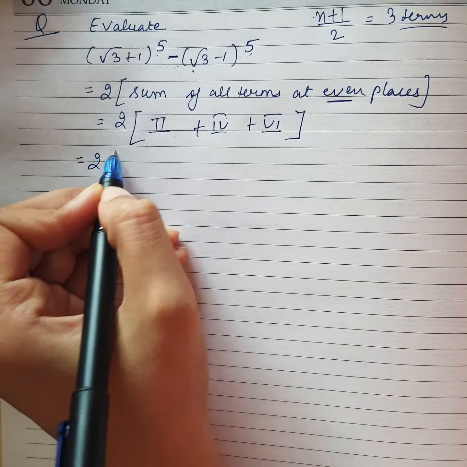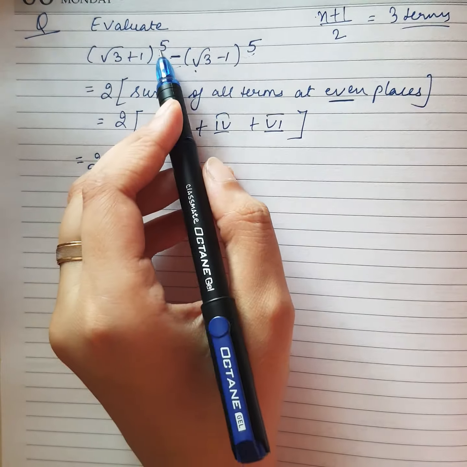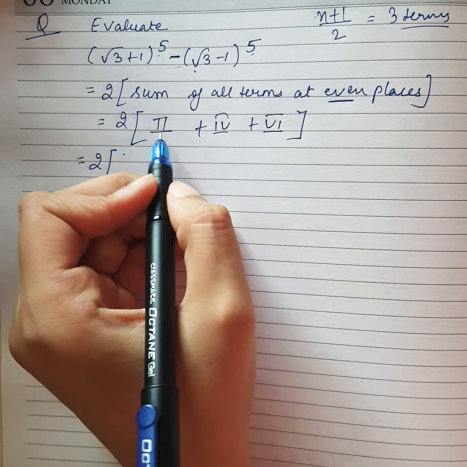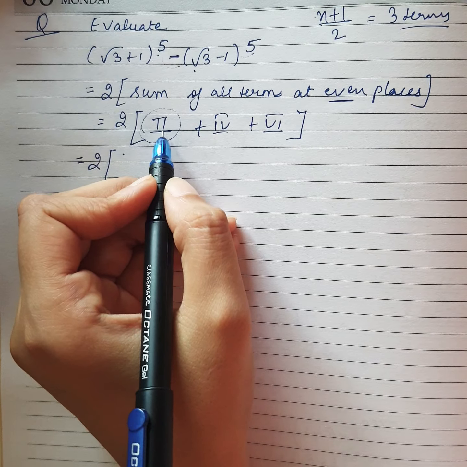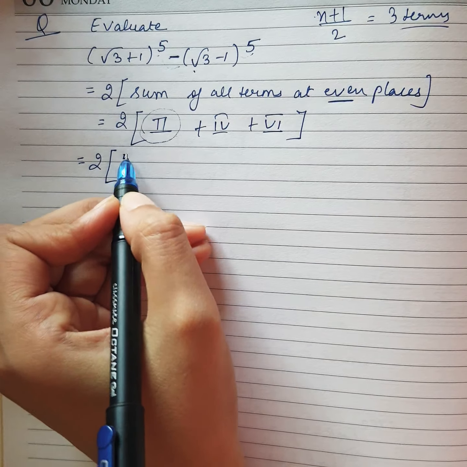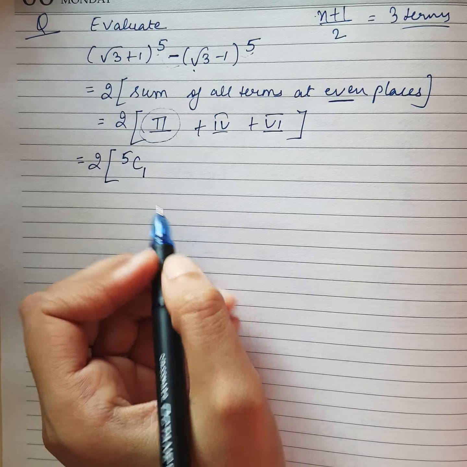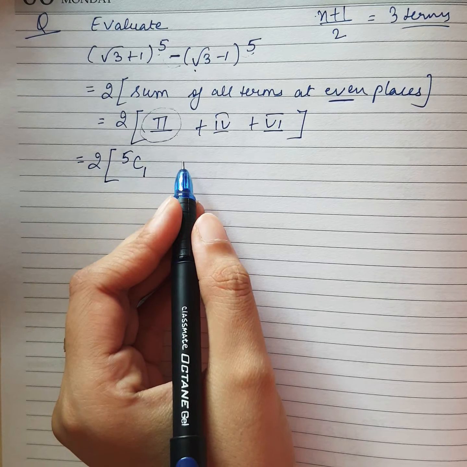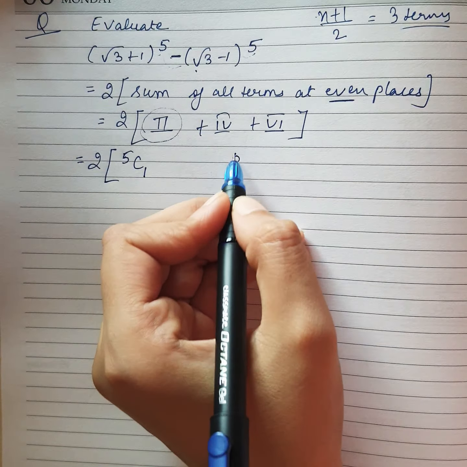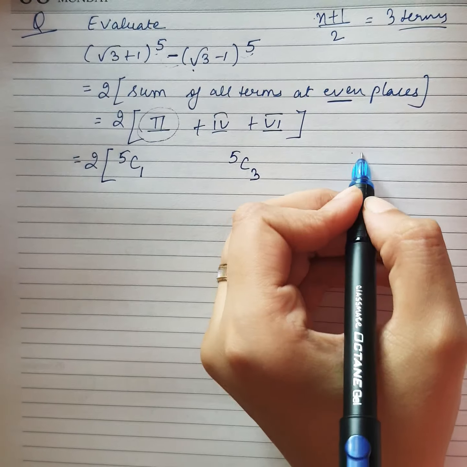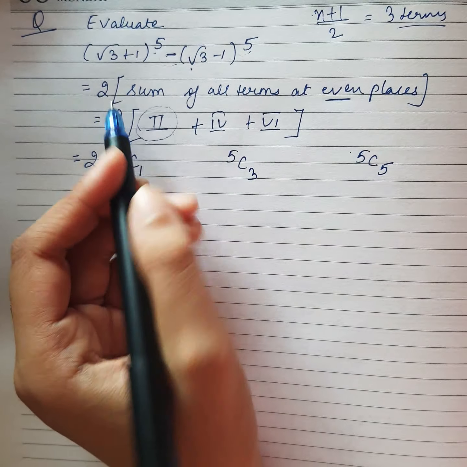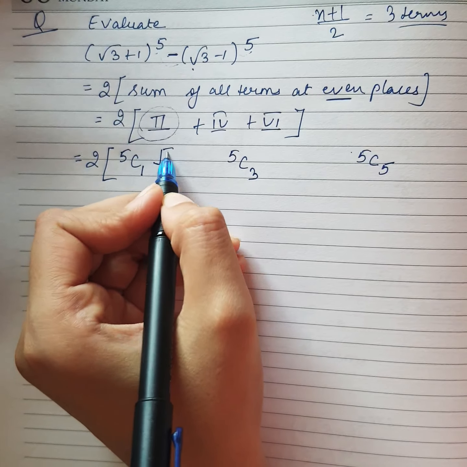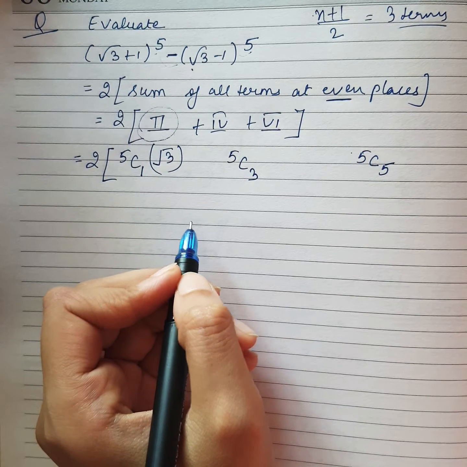So let us start writing. Maximum power 5. Since I am writing the second term, so 5c0, the first term, I have to skip. So I am starting from 5c1. Then I will skip the next term, 5c2. This will be 5c3. Then 5c5. Then the first term of the binomial.